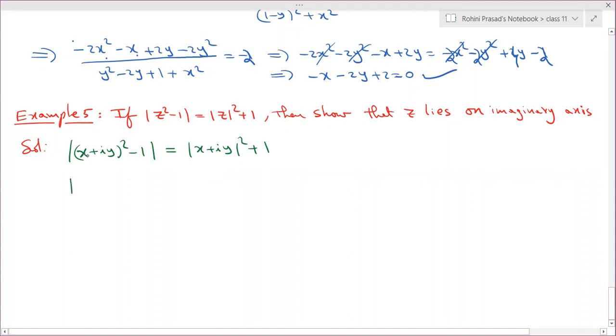So this is x square minus y square minus 1 plus 2xyi equal to, this is x square plus y square plus 1.